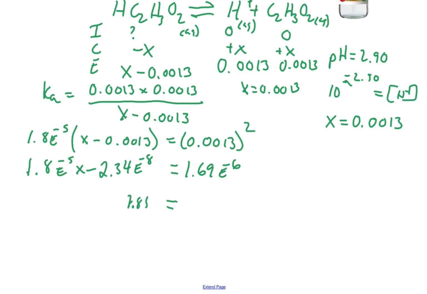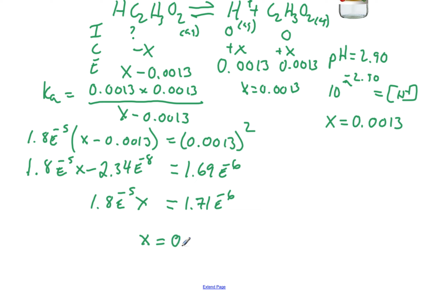And then I get 1.8 e to the negative fifth X is equal to 1.71 e to the negative 6, and then I divide to get X, and my X value here is actually my initial concentration.